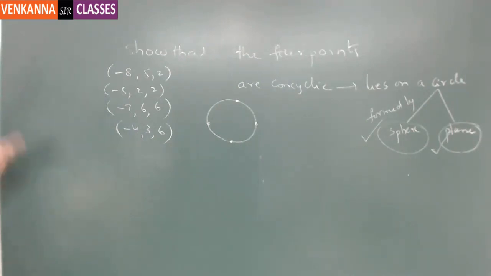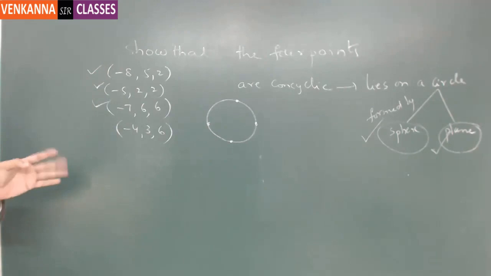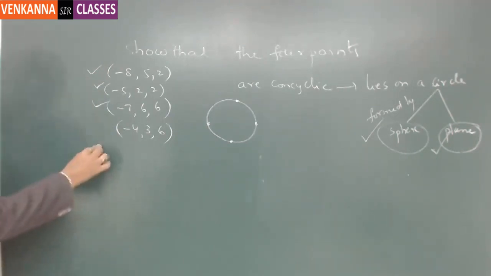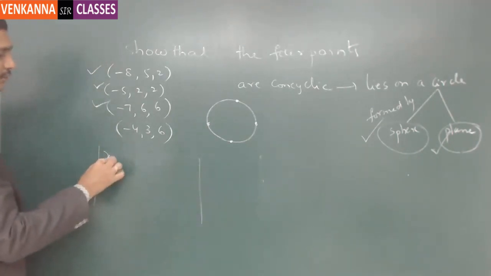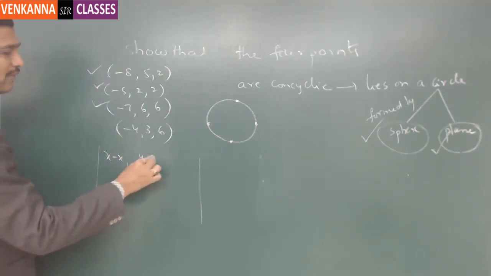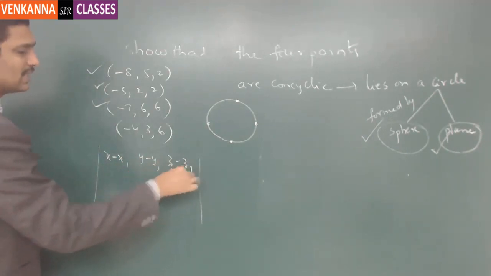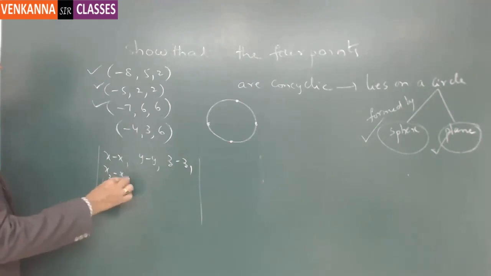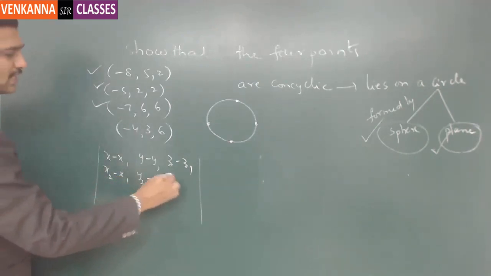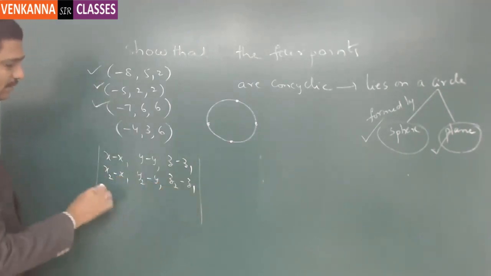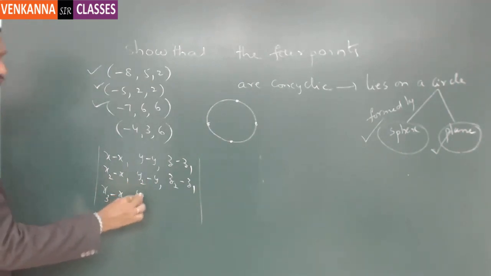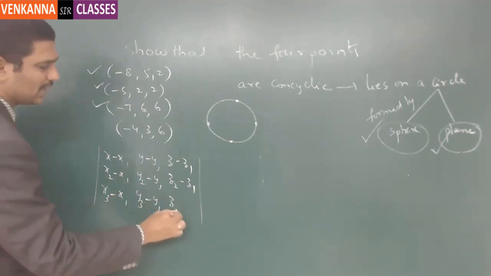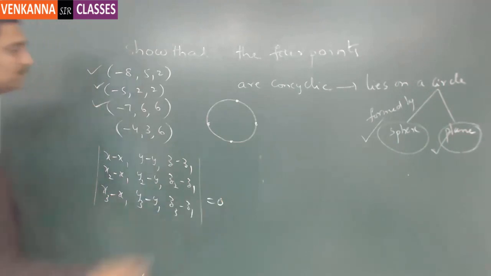So among the 4 points, let us consider any 3. When 3 points are given, you know how to find the plane equation. You have a formula: determinant of x minus x1, y minus y1, z minus z1, x2 minus x1, y2 minus y1, z2 minus z1, x3 minus x1, y3 minus y1 and z3 minus z1 equal to 0.